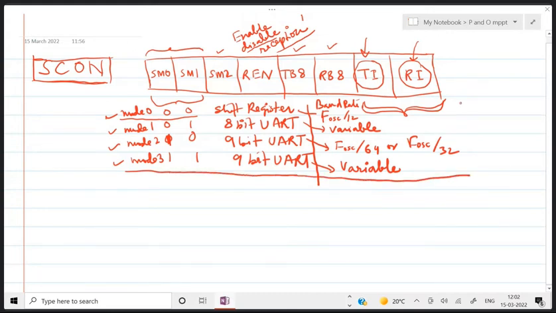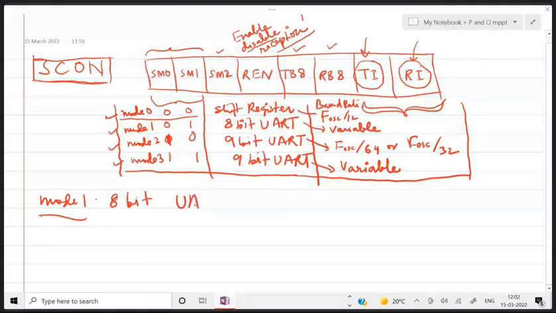Now come to a bit description of what I have written here. Again I will come to mode 0 after some time. Let me start with mode 1. What does it mean? I've written here 8-bit UART.